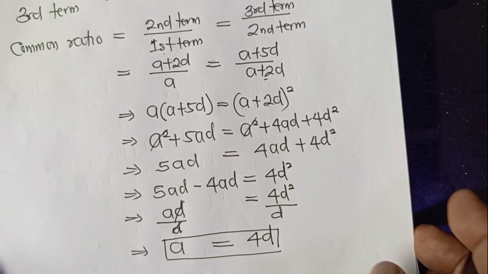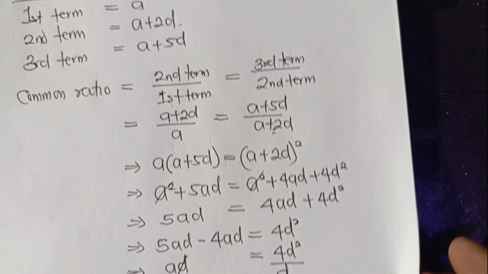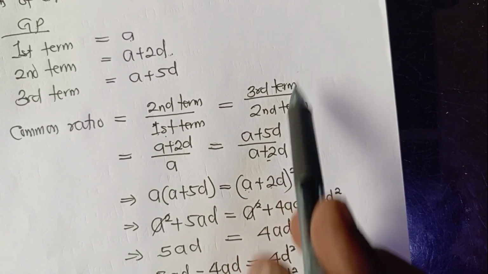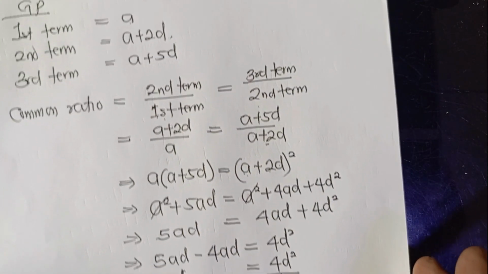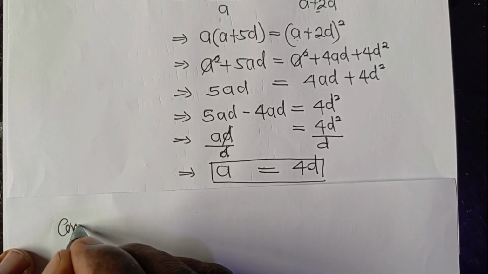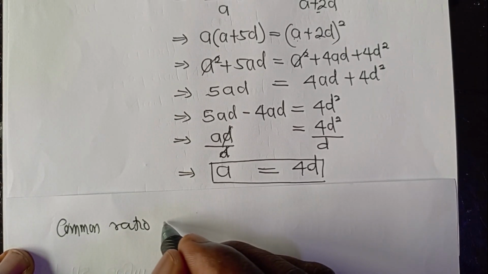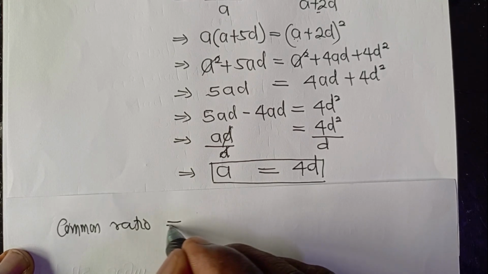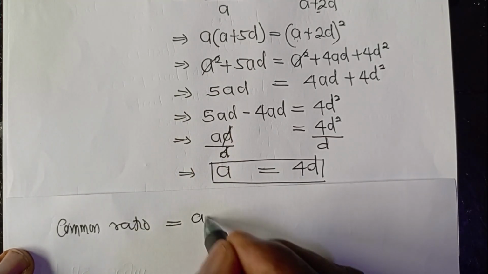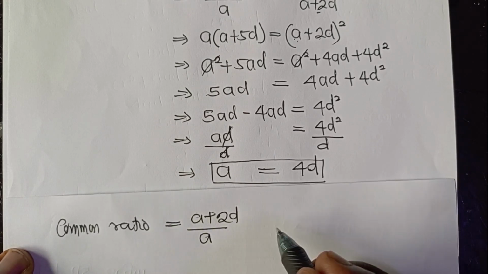Now let's get back to our common ratio. We're told that the second term divided by the first term, or the third term divided by the second term, will give us a common ratio. So the common ratio can be determined as a plus 2d over a.